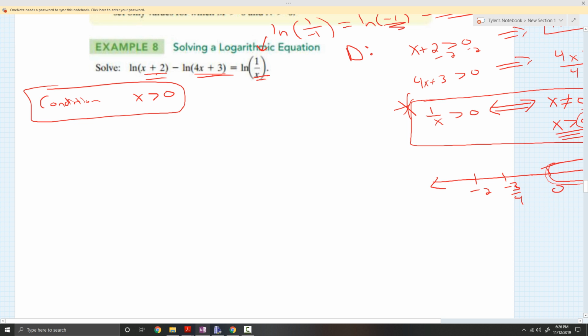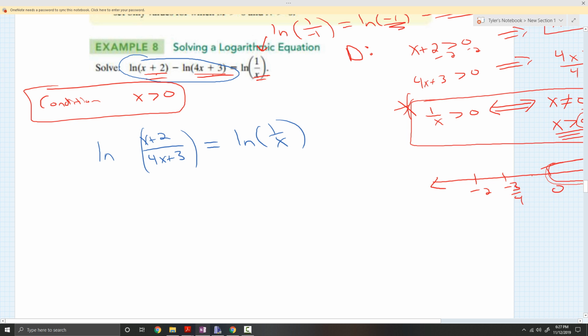All right, so now let's try to solve this. First thing I can do is rewrite the left-hand side of the equation and make it just one logarithm, because we practice all this. So this would be the natural log of (x plus 2) over (4x plus 3) on the left, equals the natural log of 1 over x.